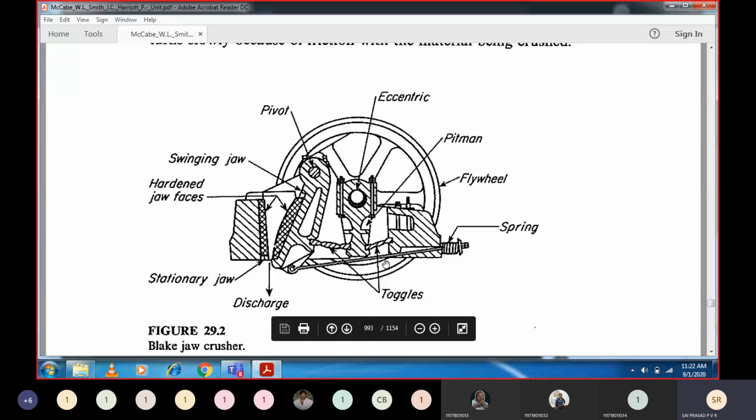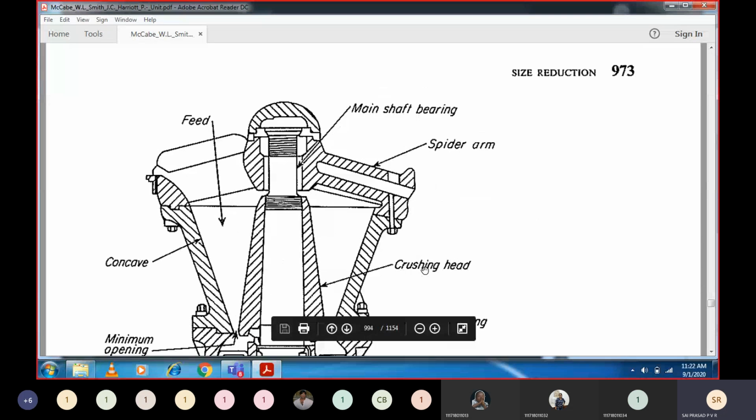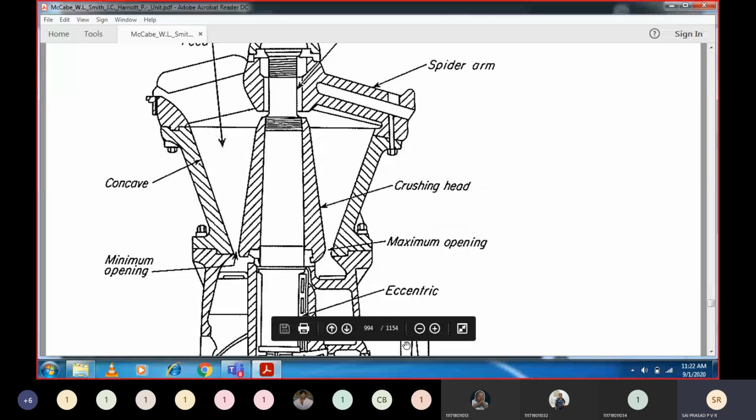So though it is moving at the rate of 250 to 450 gyrations per minute, there is still a chance that crushing is not taking place, but it is still consuming energy. So the modified version of the Blake type of jaw crusher is the gyratory. This is the example of a gyratory crusher.